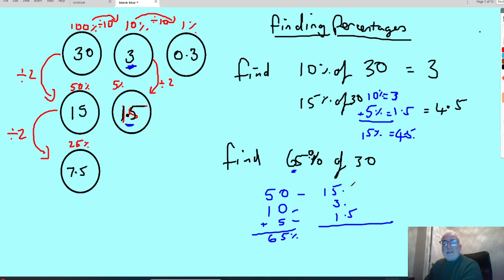And again, I'm just going to add those through. If you want to put placeholders there so you can keep the place value, then that's absolutely fine. So I'm going to have 5, 6, 7, 8, 9 and 1. So 65% of 30 would be 19.5.